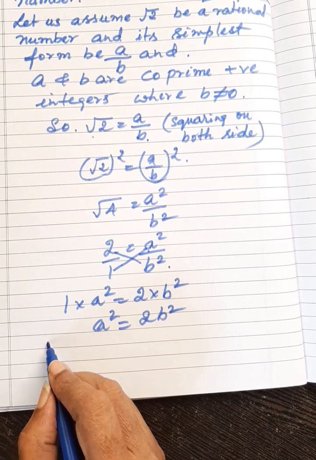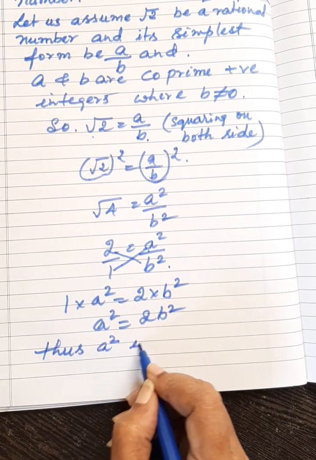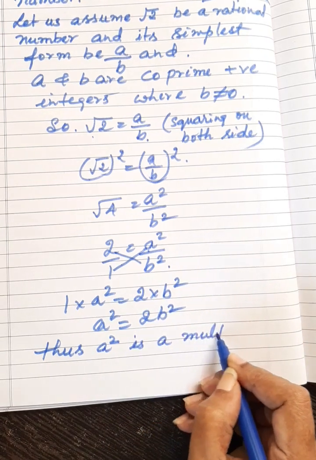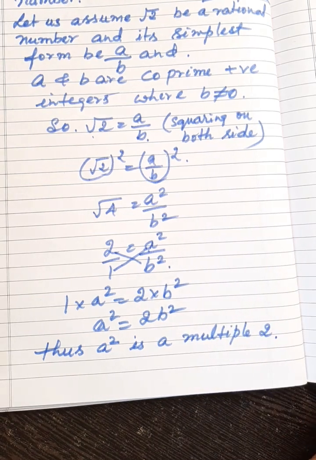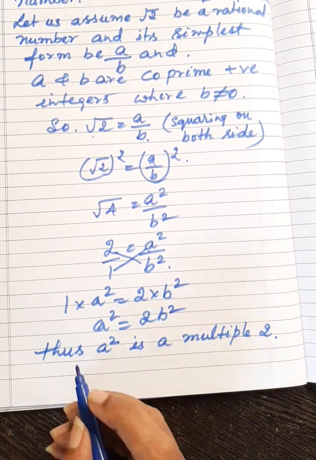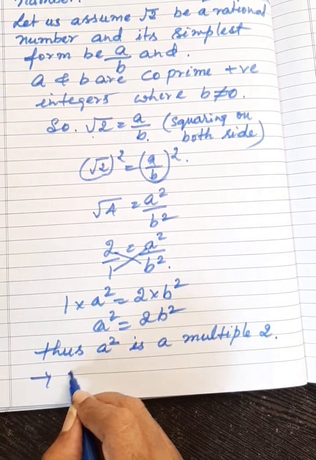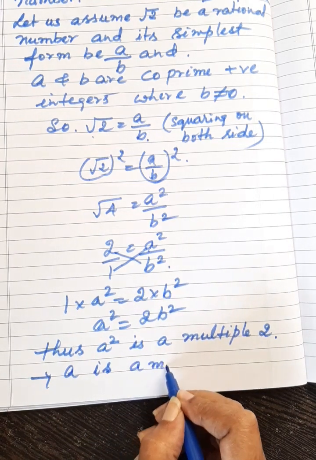Okay. Thus, a square is a multiple of 2. Now, a is a multiple of 2 also.